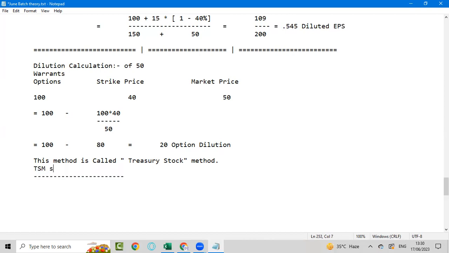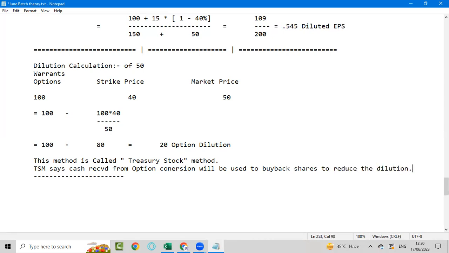TSM, treasury stock method, says cash received from option conversion will be used to buy back shares to reduce the dilution. If you don't buy back your own shares, you will end up issuing 100 shares.